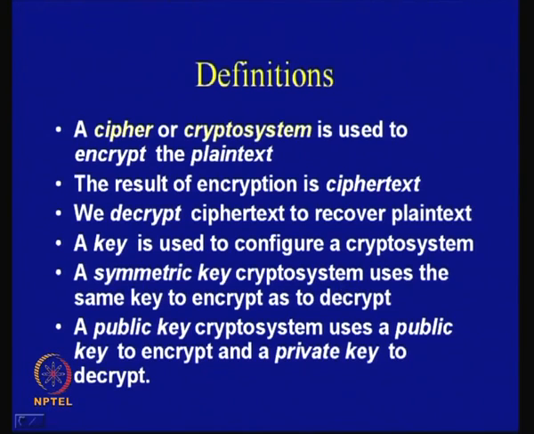So, there should be some other secure channel through which the sender and the receiver have shared this piece of information. That adds to the cost of the symmetric key crypto system. There is an inherent assumption that initially there is a secure channel through which the encryptor and the decryptor have shared this piece of information.